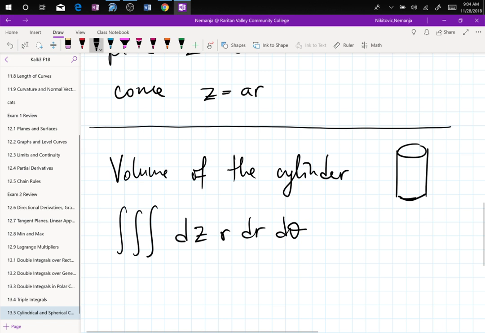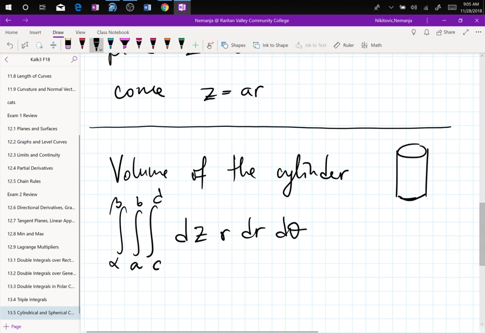So now what do we have? Our theta at the end is alpha to beta. Those are angles. Your r is a to b for the radius. And your z is some c to d, or you can put e to f, whatever you want.